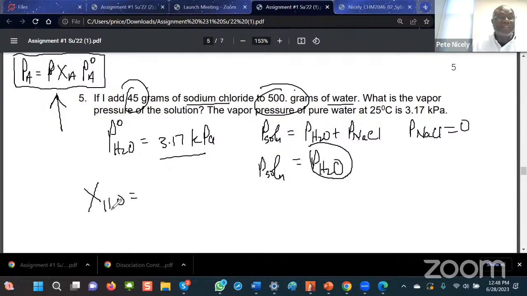Okay, so this is H2O. Okay, let's see what's in the chat. Well, somebody's saying mole of solute per liter of solution. Nope, that's not it. That is molarity. You're confusing molarity with mole fraction.